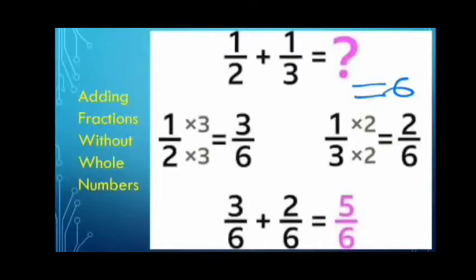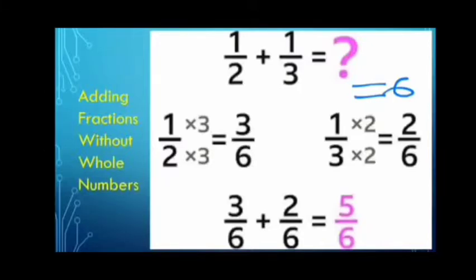Okay? So the next step is to multiply each fraction by a value that will give you the denominator as 6. Now what will you multiply by 1/2 that will give you a denominator of 6? Simple.